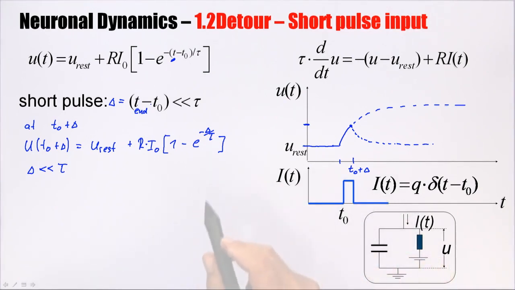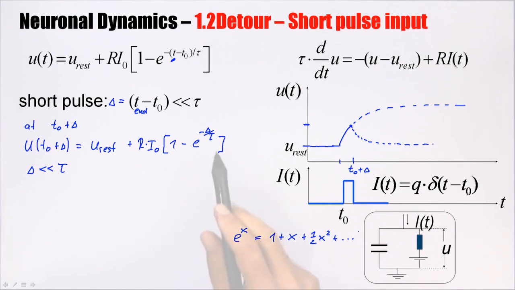Now I can use the Taylor expansion of an exponential. So the Taylor expansion of the exponential is 1 plus x plus 1/2 x squared and so forth. So x is small. X is delta over tau in my case.